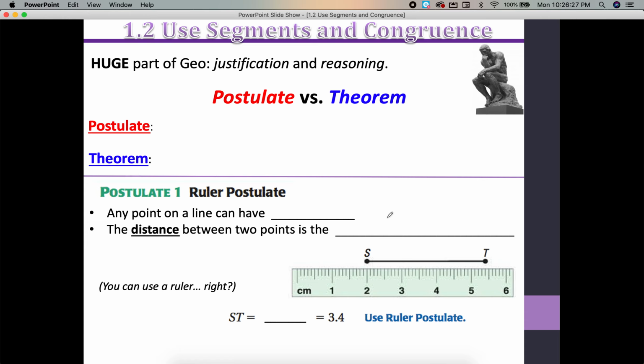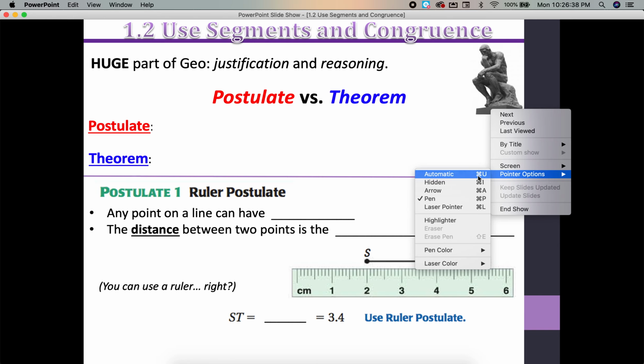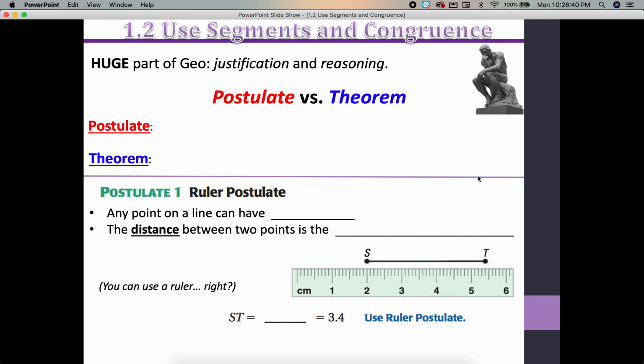So finally moving on to new content. Section 1.2, use segments and congruence. I may have dipped into this a bit in class, maybe not, but one of the big things in geometry, one of the defining characteristics of this class, is the fact that we look at the building blocks of math, basically.